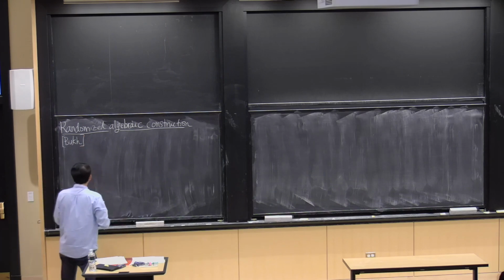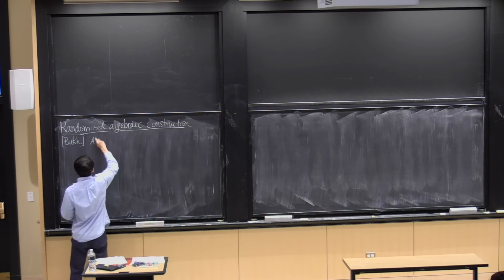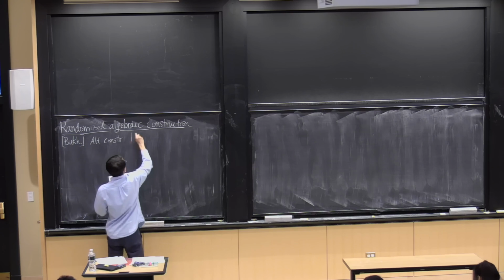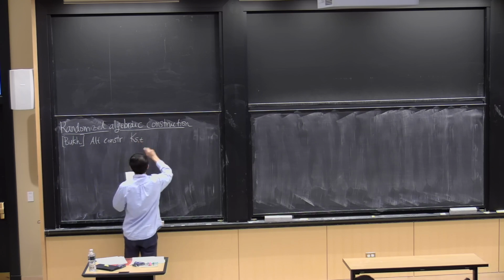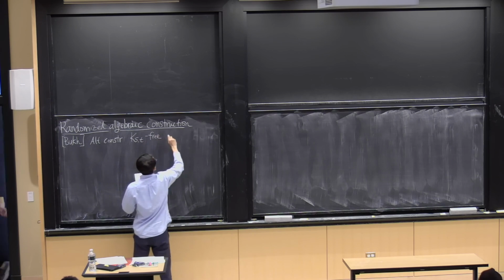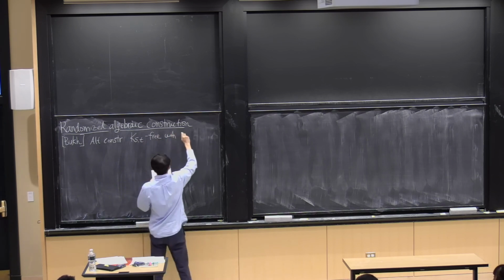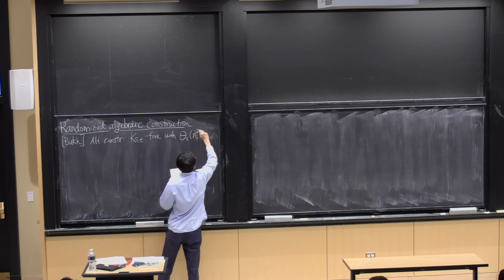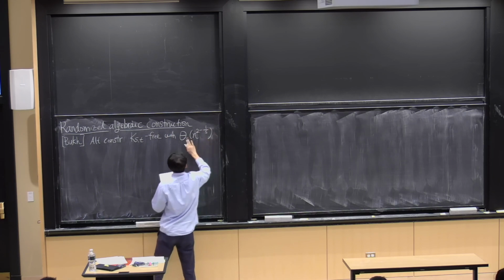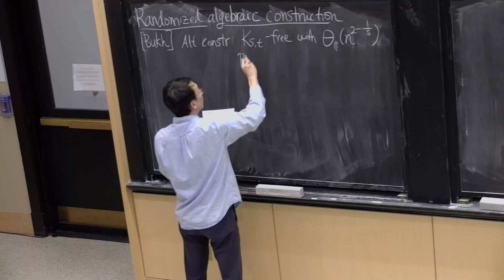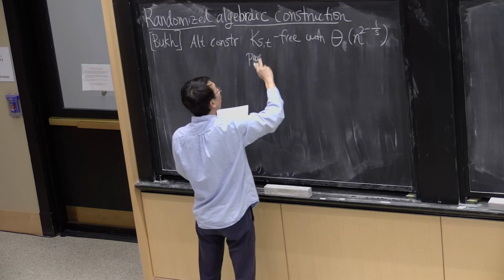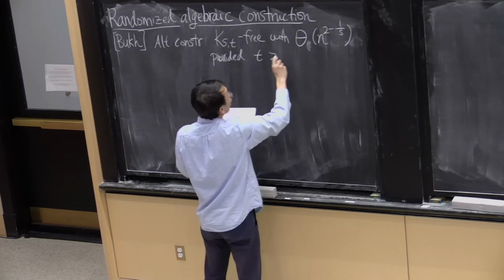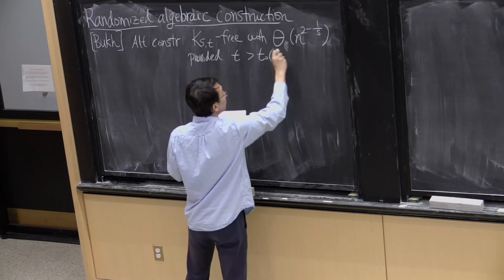The goal is to give an alternative construction of a K_{s,t}-free graph with lots of edges, provided that t is much larger compared to s.